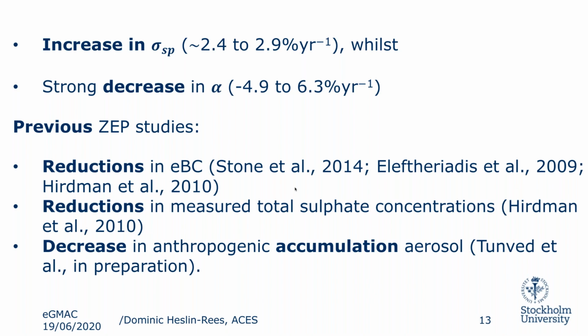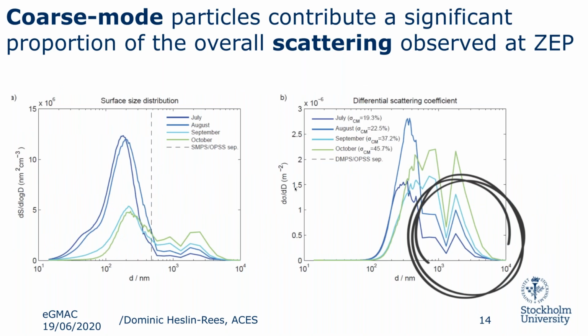One way of explaining this is the role coarse mode aerosol particles play. I'm just showing work done by my supervisor, Paul Zieger, and he showed that coarse mode particles still contribute a significant portion to the overall scattering.